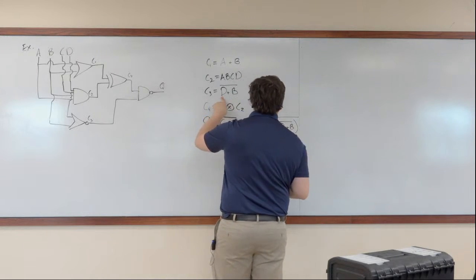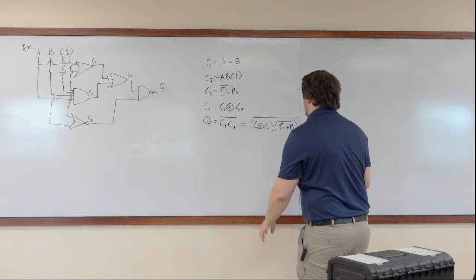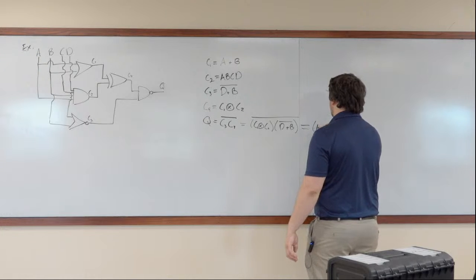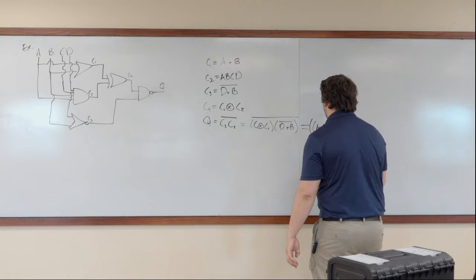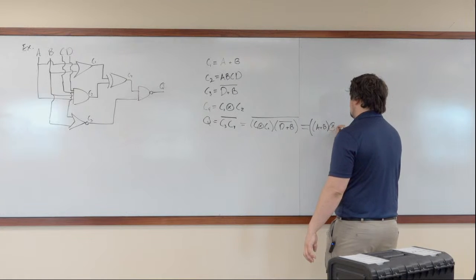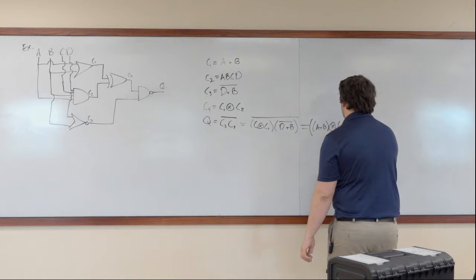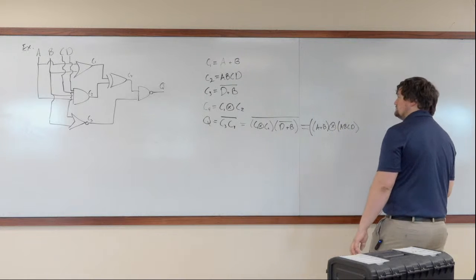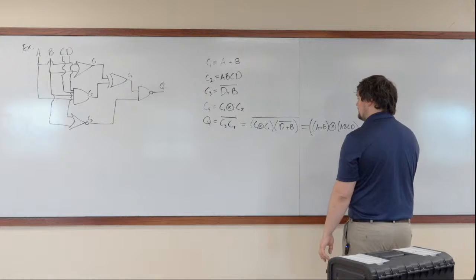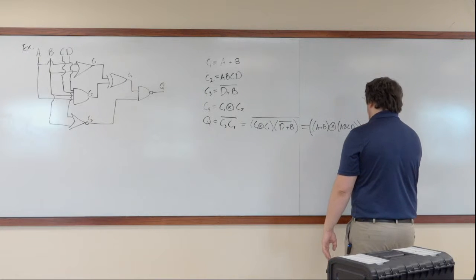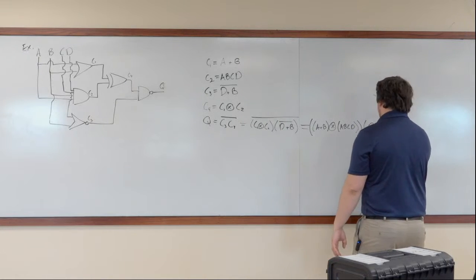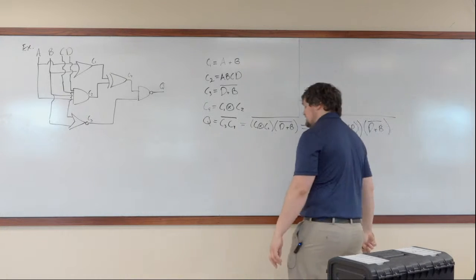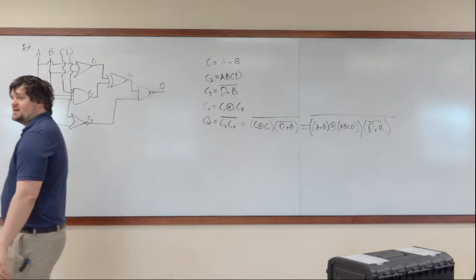And then we take the NOT of all of that. And this one is equal to A plus B. So I guess I'm going to have a double parentheses, times A, B, C, D, times D plus B, NOT, and then throw it in a NOT. So just writing it out.